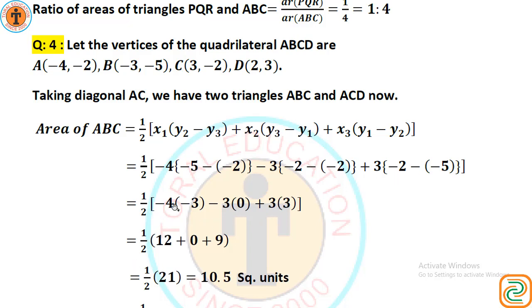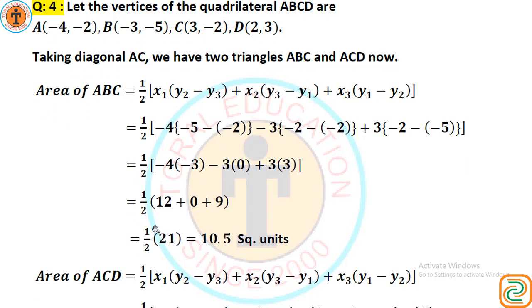Half of 4 3s are 12, 3 into 0 is 0, and 3 into 3 is 9. 0 may be negative or positive, it doesn't matter. Half into 21, because 12 plus 9 is 21, that is 10.5 square units.